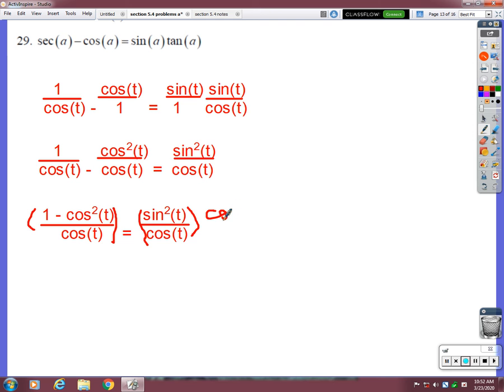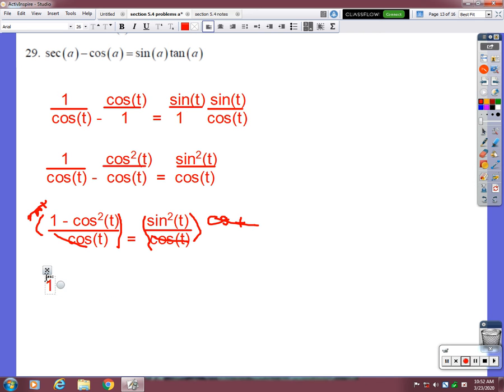And if I do that, this cosine and this cosine will cancel, this cosine and this cosine will cancel, and that will leave me with 1 minus cosine squared on the left equals sine squared on the right.